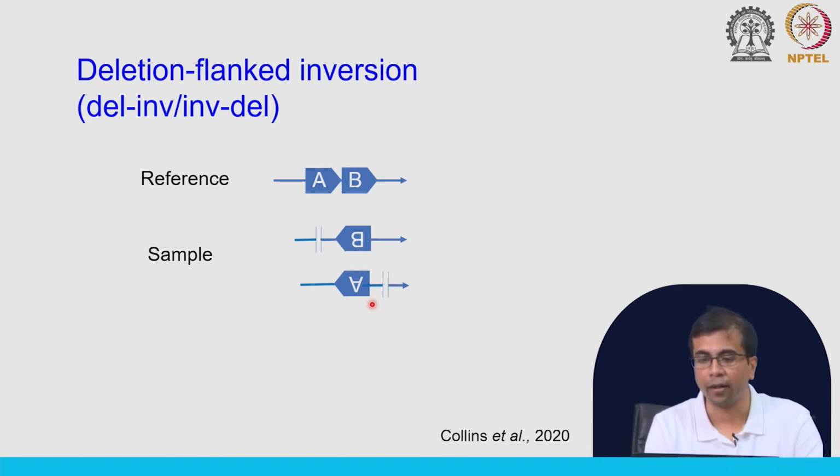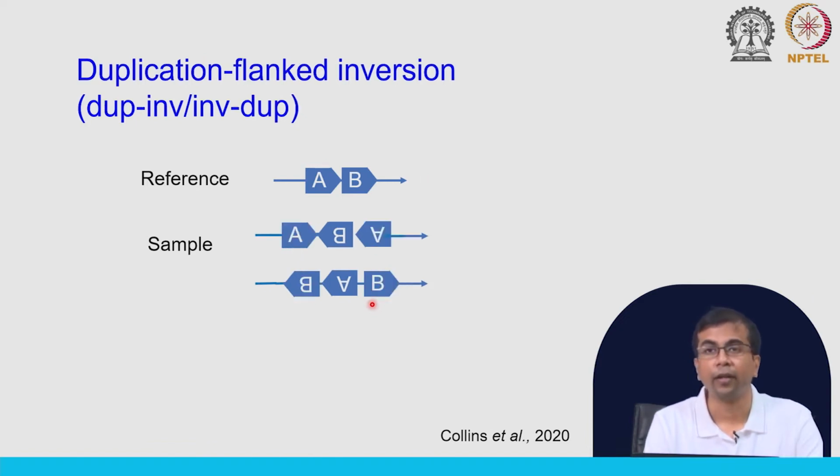We can look at the other one, right, which is the duplication flagged inversion. We talked about deletion flagged inversion, now we have duplication flagged inversion, and you can probably guess what it would look like. You have this AB reference sequence, and in the sample you have a duplication event as well as an inversion event, right.